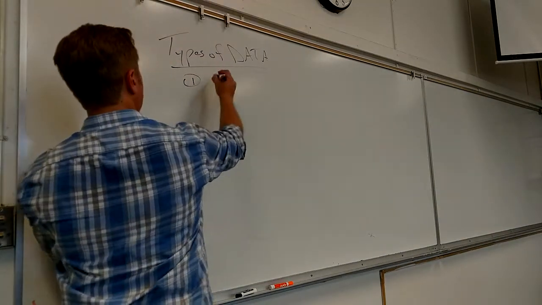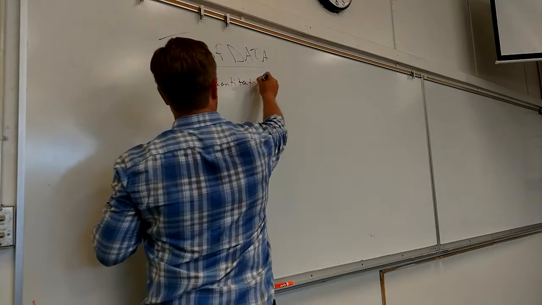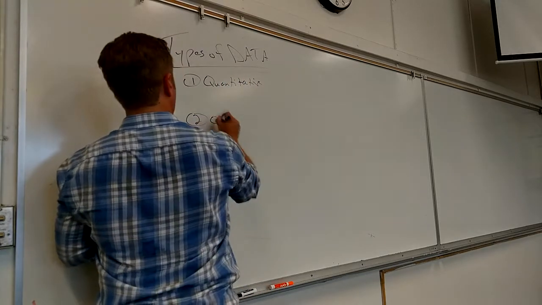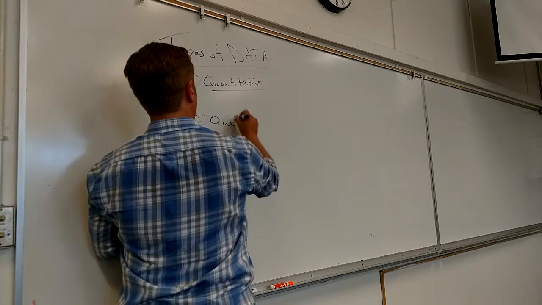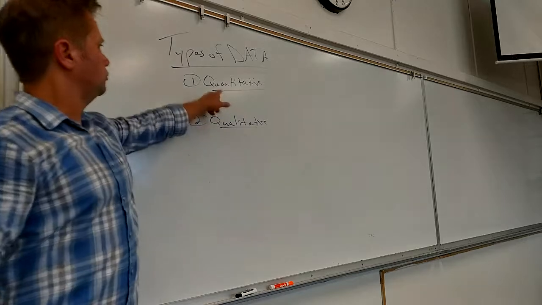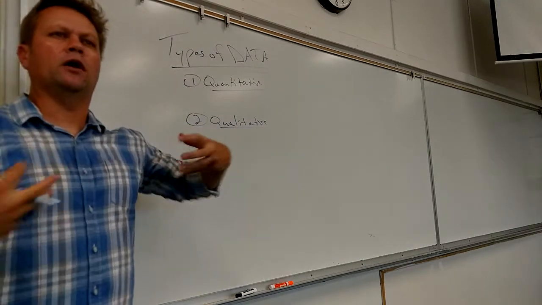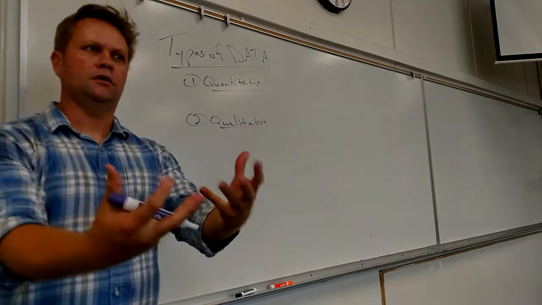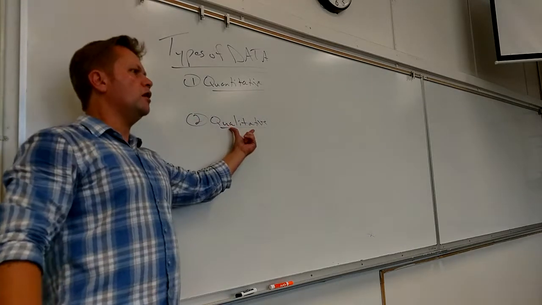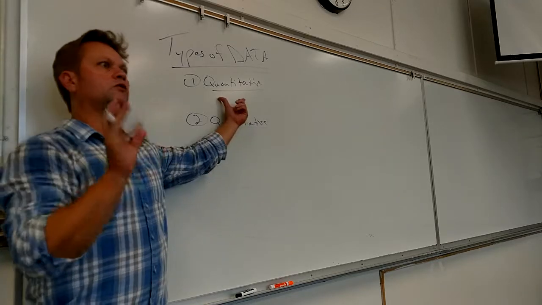It breaks it down into two types: quantitative and qualitative. So the root word of quantitative sounds like what? Quantity. I love it. And the root word of qualitative is quality. So you have a certain quality versus a certain quantity.